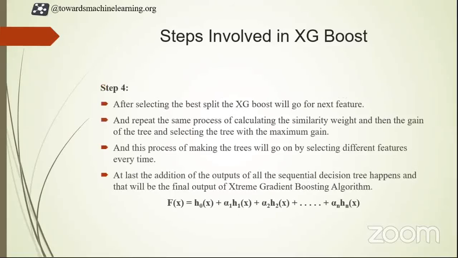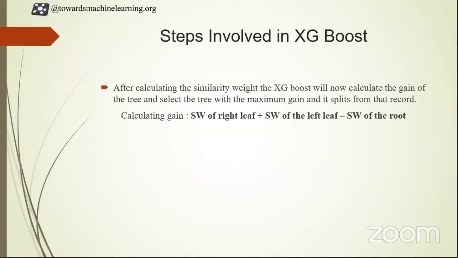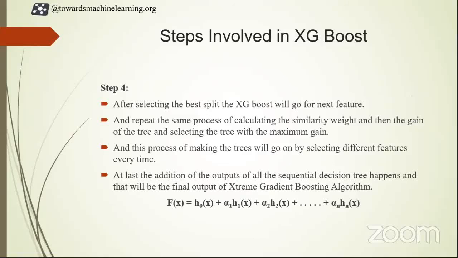After selecting the best split, XGBoost will go for the next feature. Let's say it has chosen the first feature for the root node, now it might choose the third feature or the fourth feature for the next split.